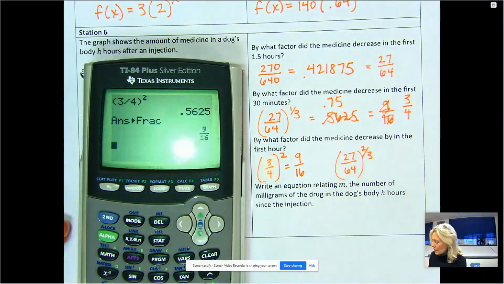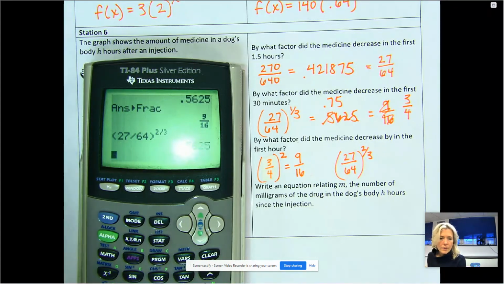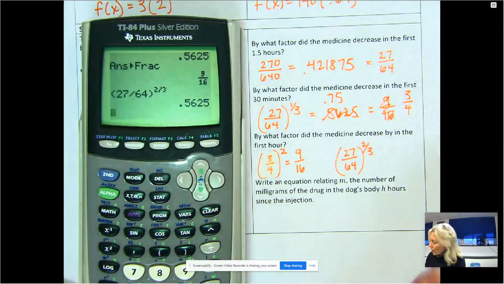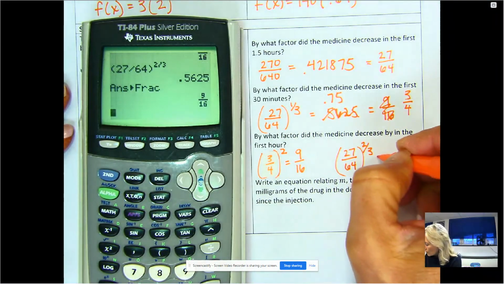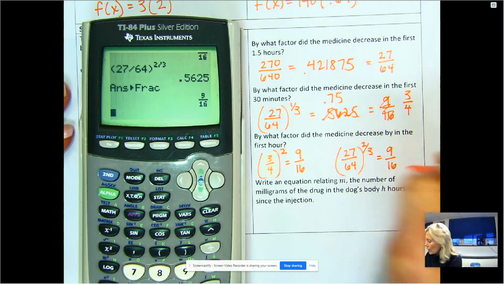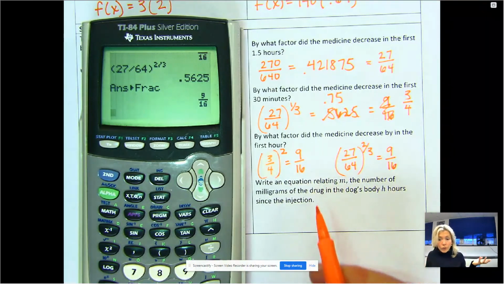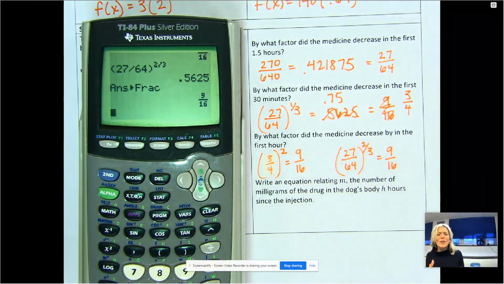And you can see this one, 27/64 to the 2/3. Again, you can write a decimal, 0.5625. As a fraction, it's just 9/16. Okay, so I just gave you two different ways to get to the answer. You only have to find one.